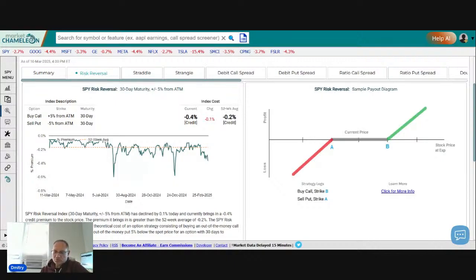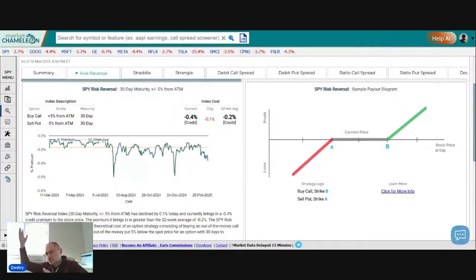So there are two things, by the way, that could make that happen with options. One is the cost of carry component, and the other is the skew and implied volatility. Okay, so that's important to understand. There is a cost of carry component that could make the calls more valuable than the puts, or the puts more valuable than the calls. And then there's also the skew based on implied volatility.